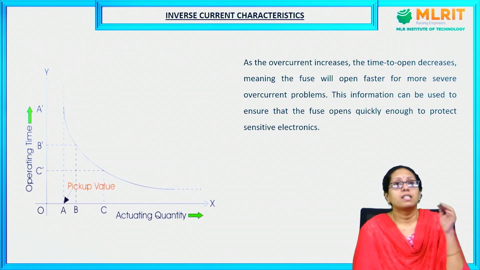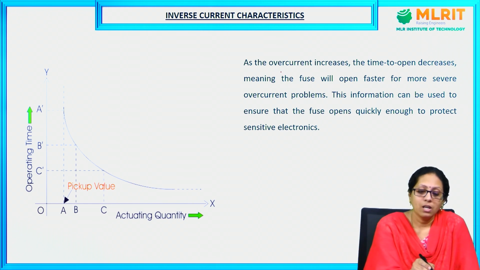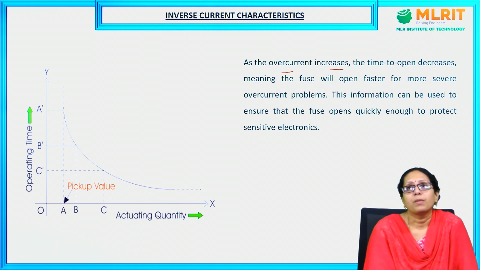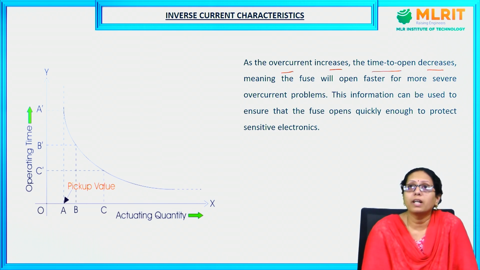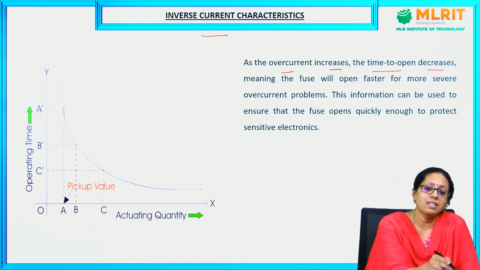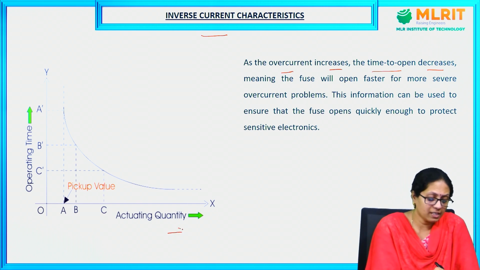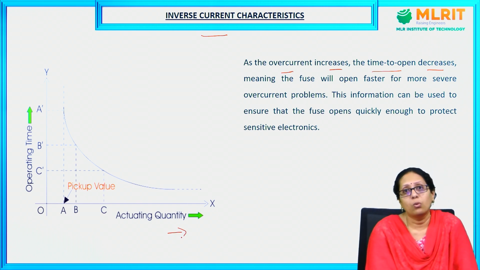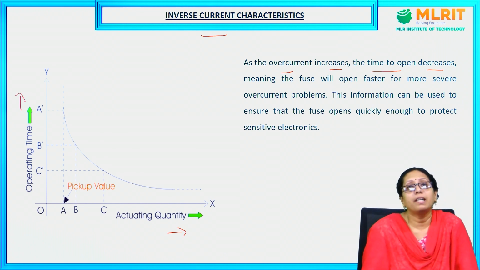So here you can see in this picture the inverse current characteristics. As the overcurrent increases, the time to open decreases, means they both are inversely proportional to each other. So that is why we can call this inverse current characteristics. The x-axis shows the overcurrent and the y-axis shows the operating time.